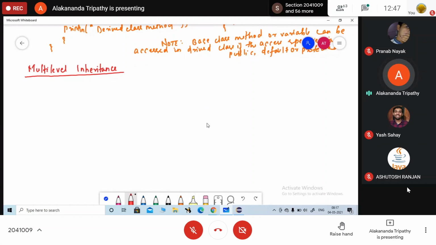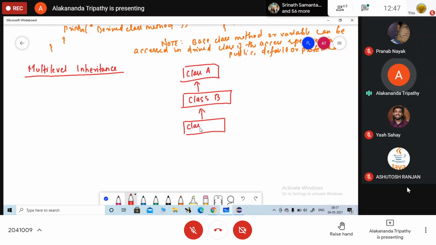So in multi-level inheritance, the diagram is this one. Class A, this one is class B, and this one is class C.